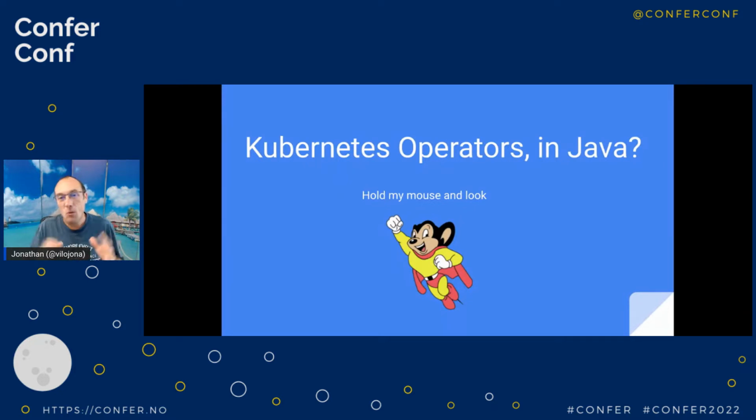But you are not here to take a look at my wallpaper. You are here, I expect, just to see what this thing is, Kubernetes operators, and also in Java. So I can assume that some of you already have some knowledge about Kubernetes operators, most of you probably in Java. But what is not so common is that people are using Java to create those operators.